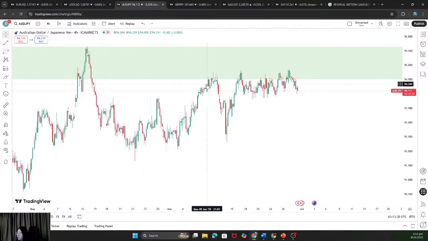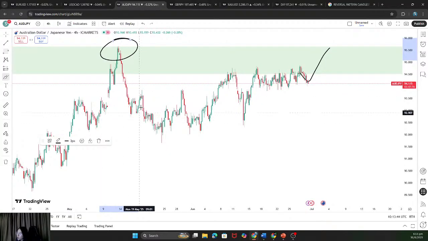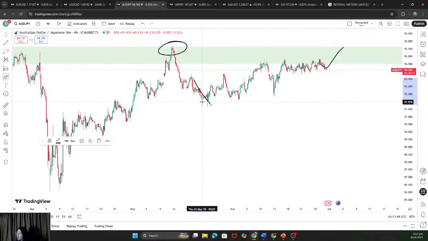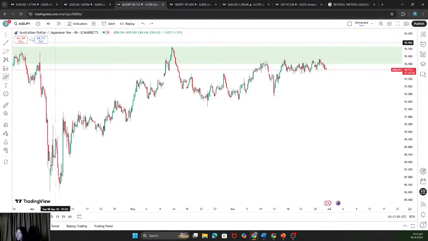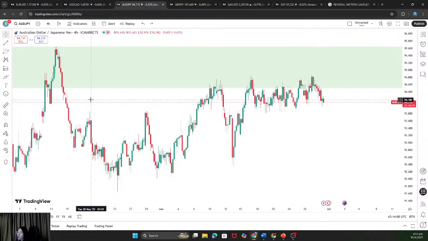Then it comes back up to retest this area. It looks like it's going to come back up one more time to retest this swing high. Okay, I am fairly happy with this. Hold on. Yep, okay. I see an entry for AUD JPY, a fairly nice one actually.